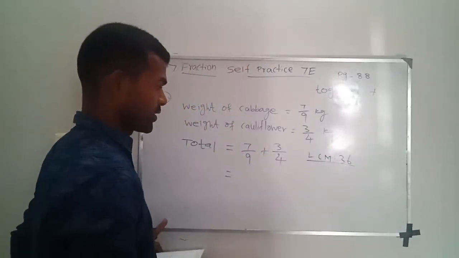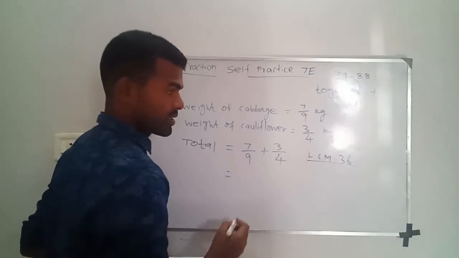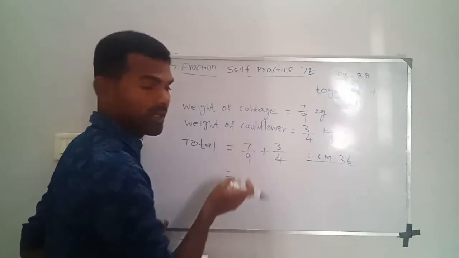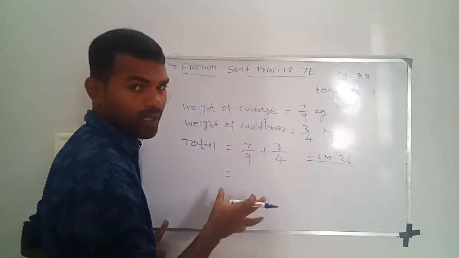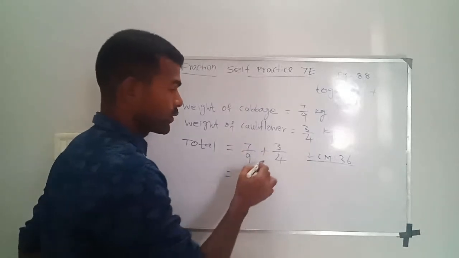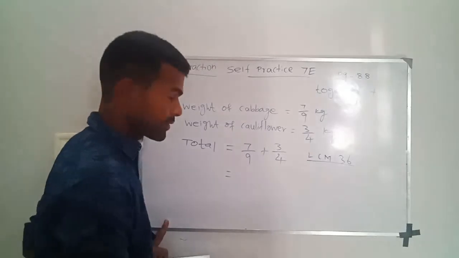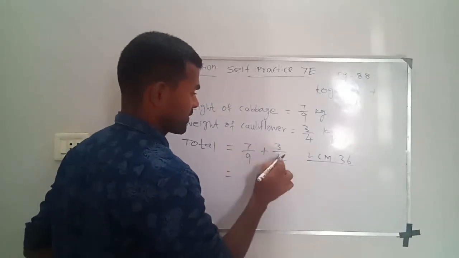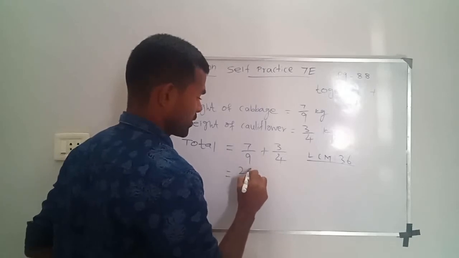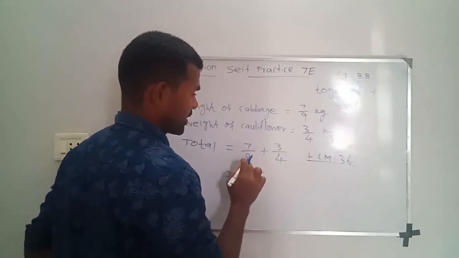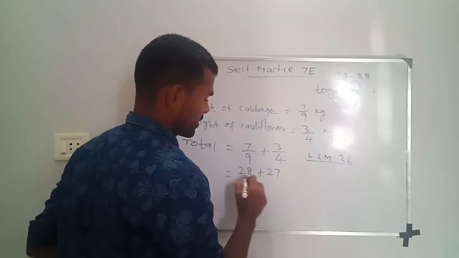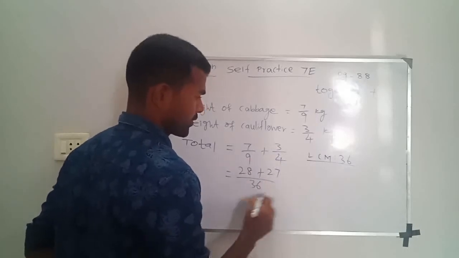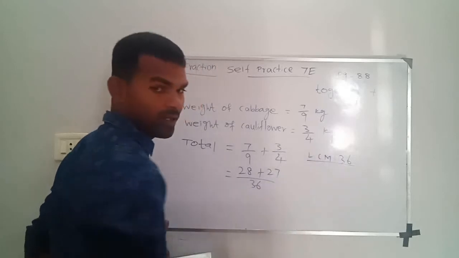Instead of finding the LCM and multiplying, the numerators become different numbers and it is a little complicated. That's why I told you to do cross multiplying. 7 times 4 is 28, plus 9 times 3 is 27, by 9 times 4 is 36. See, the LCM is 36 and here also 36 is coming.